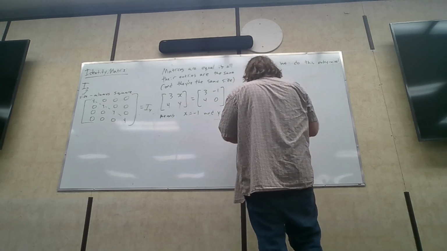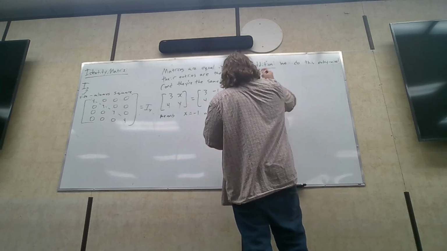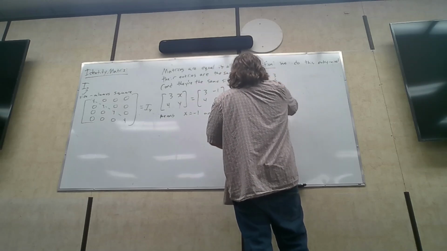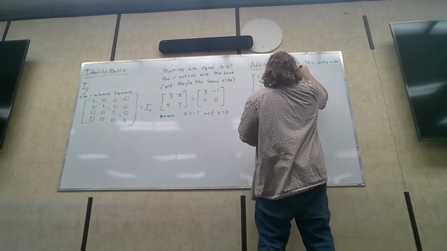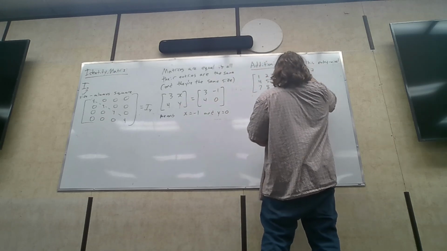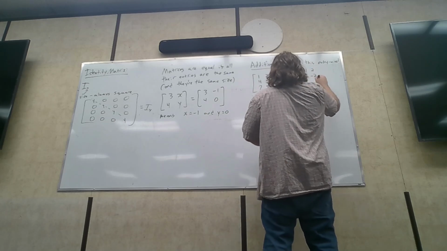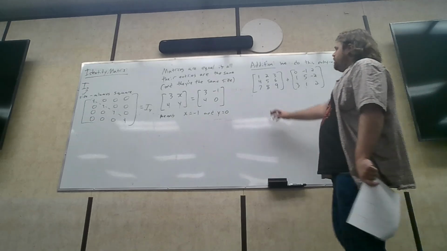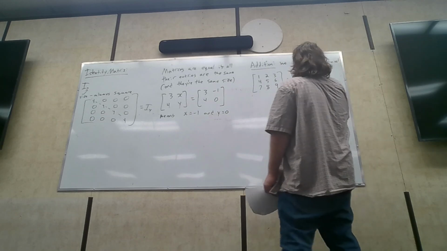So as an example, I'm just going to write down random numbers. Let's add 0, -1, 2, 1, 5, -2, 3, 1, 2. It doesn't matter. We just add them up exactly how you would hope you would.